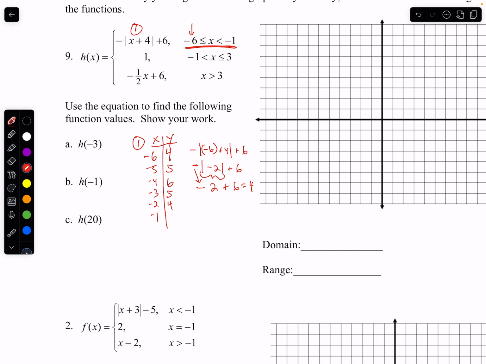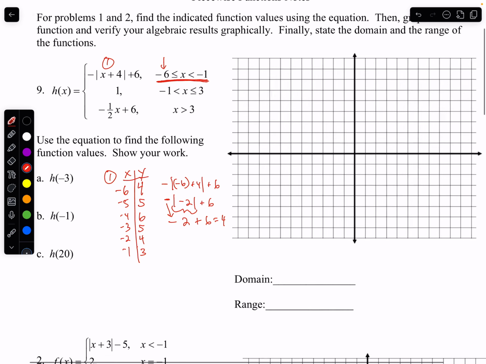Okay, carrying on. Now we plug in the -1 here. -1 plus 4 is 3. And then the absolute value of 3 is still just 3, but then times the negative is -3. -3 plus 6 is a +3. All right, so now we're going to graph these.